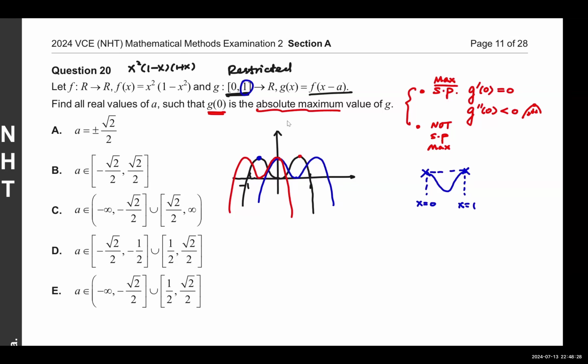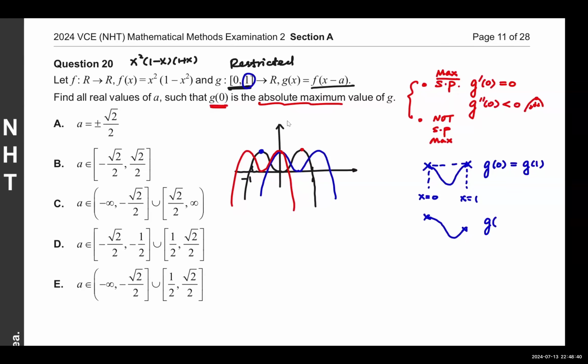So that case is like g(0) equal to g(1), or you probably could get the graph like this. You always make sure your g(0) is greater than g(1), something along these lines.